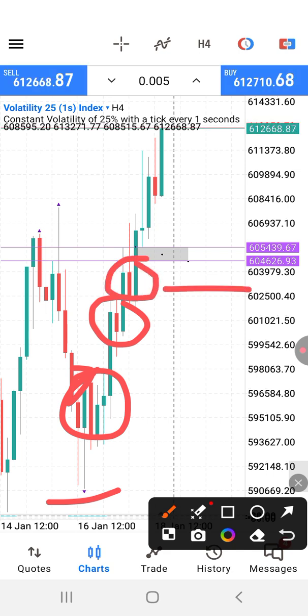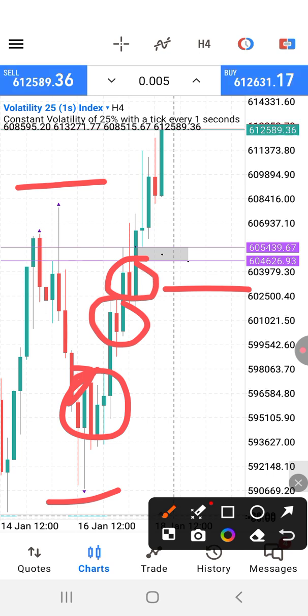This base candle right here is a protection of the fair value gap. When price comes back down into the fair value gap, which is visible on the H1 time frame, then on the M5 we want to identify a drop base drop that comes to the zone of the fair value gap. The fair value gap is liquidity.